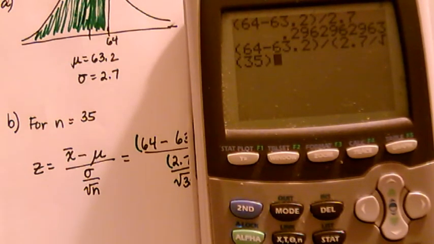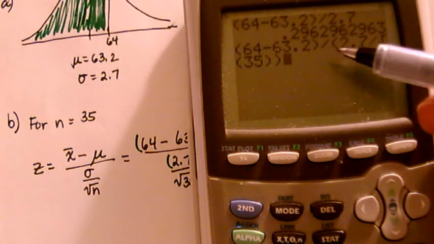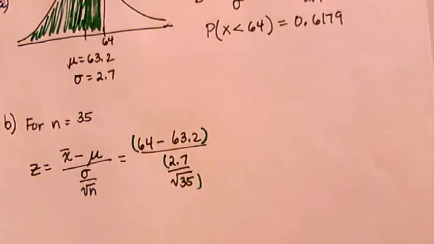Close the parentheses around the 35, and then close it again, because we opened the parentheses in front of the 2.7, and then hit enter. So now that z value to two decimal places is 1.75.